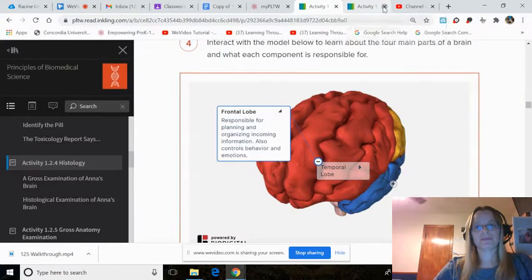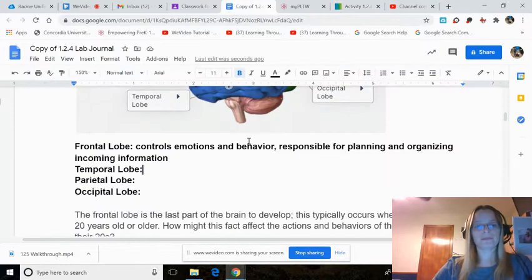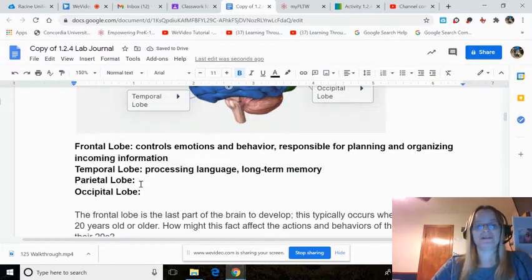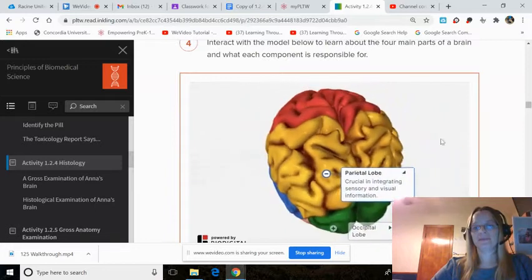Let's close this one, which is the same tab. Now let's look at our temporal lobe, used for processing language and storing information into long-term memory. So processing language and long-term memory. Cool, right? It's kind of cool to know all these little parts of the brain and what they do. So now let's look at the parietal lobe. Here we go.